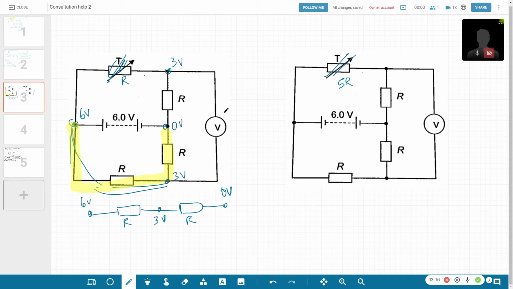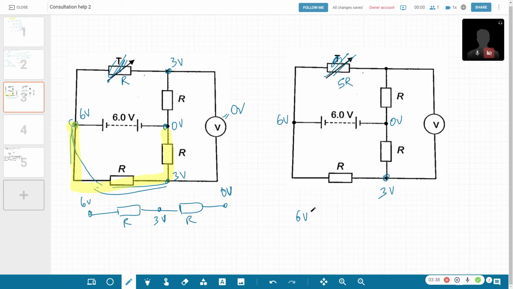For the initial part, our potential difference is going to be 0 volts. Then they change it to 5R. Now, for here, still 0 volts, 6 volts. Here is still 3 volts, nothing special. It's the top part here. So 6 to 0, you have 6 volts.